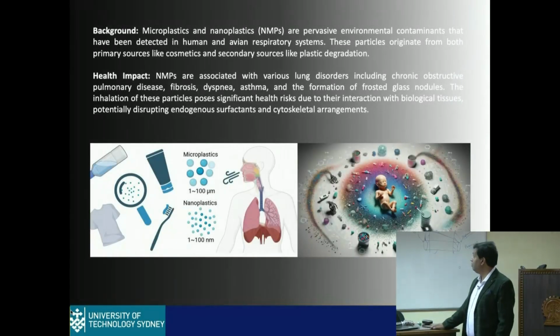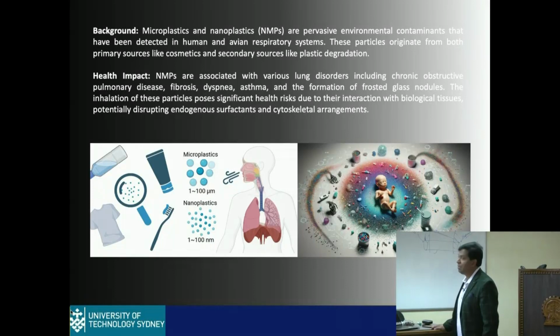Microplastic and nanoplastic are pervasive environmental contaminants that have been detected in human and avian respiratory systems very recently, not a long time ago. These particles originate from both primary sources like cosmetics and secondary sources like plastic degradation.